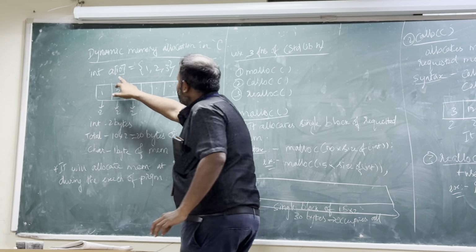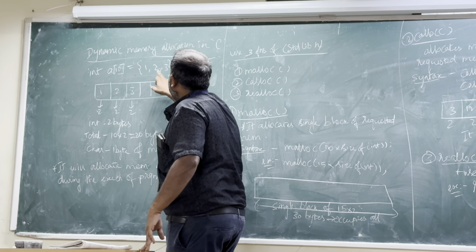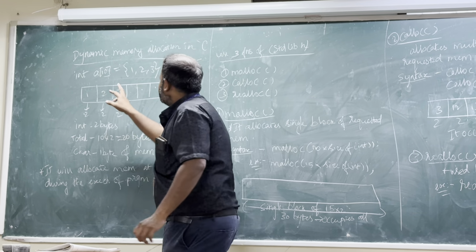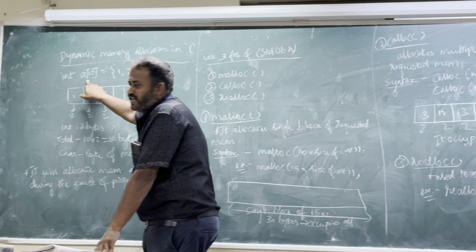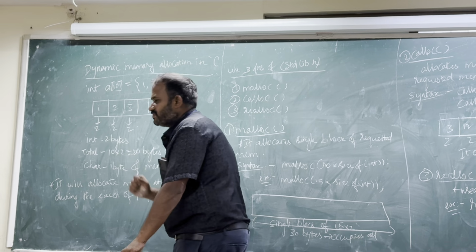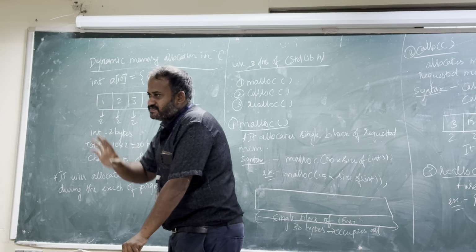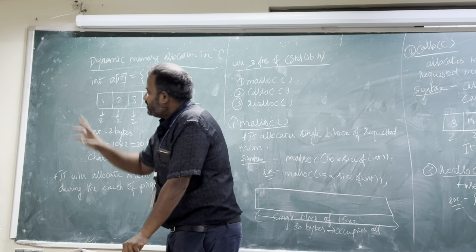So int a[10] = {1, 2, 3}, say for an example. This is one example of an array, but the given size is 10. Consider this as 10 blocks.